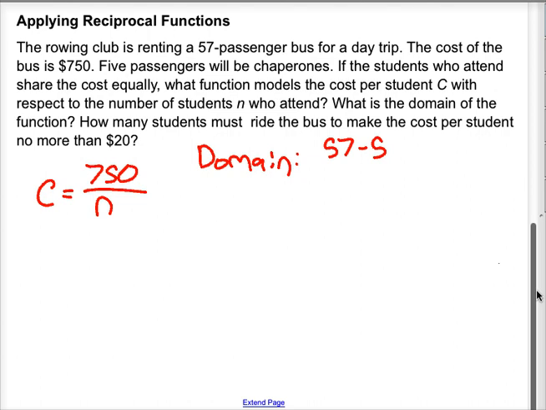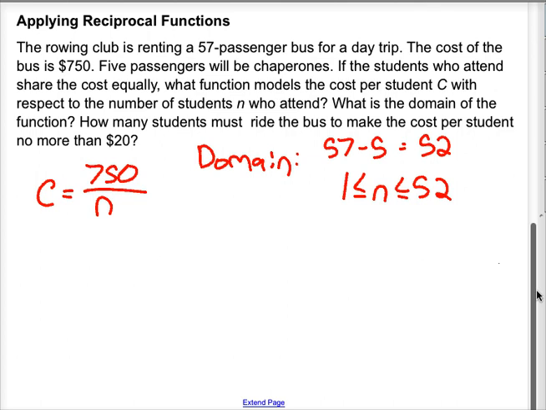So if 5 of those spots are taken by chaperones, that leaves room for up to 52 kids. So that means we're going to have from 1 up to 52 students. Because again, if there's 5 chaperones going, that only leaves 52 spots for the kids. So that answers the piece about my domain.